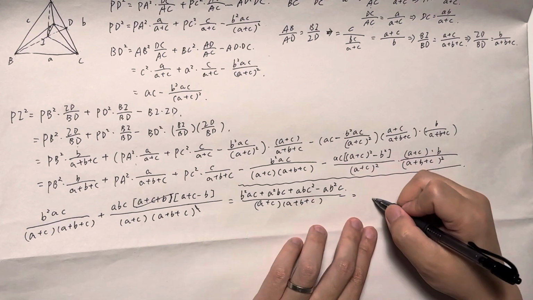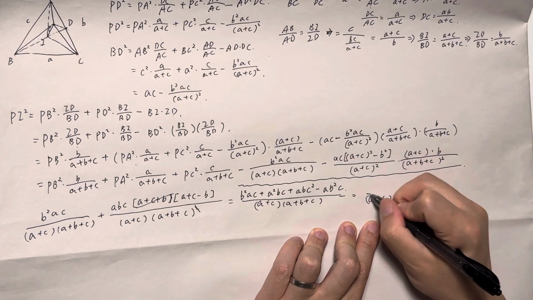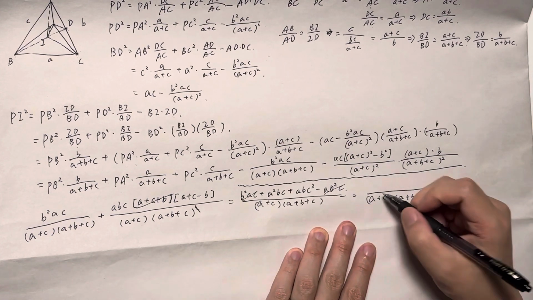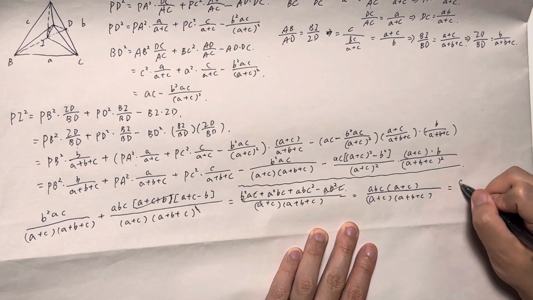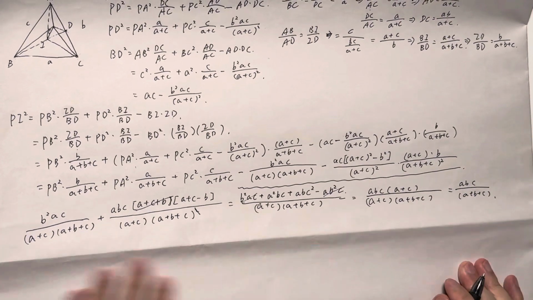That equals A plus C times A plus B plus C, and we have these two cancel. ABC times A plus C equals ABC divided by A plus B plus C, right?